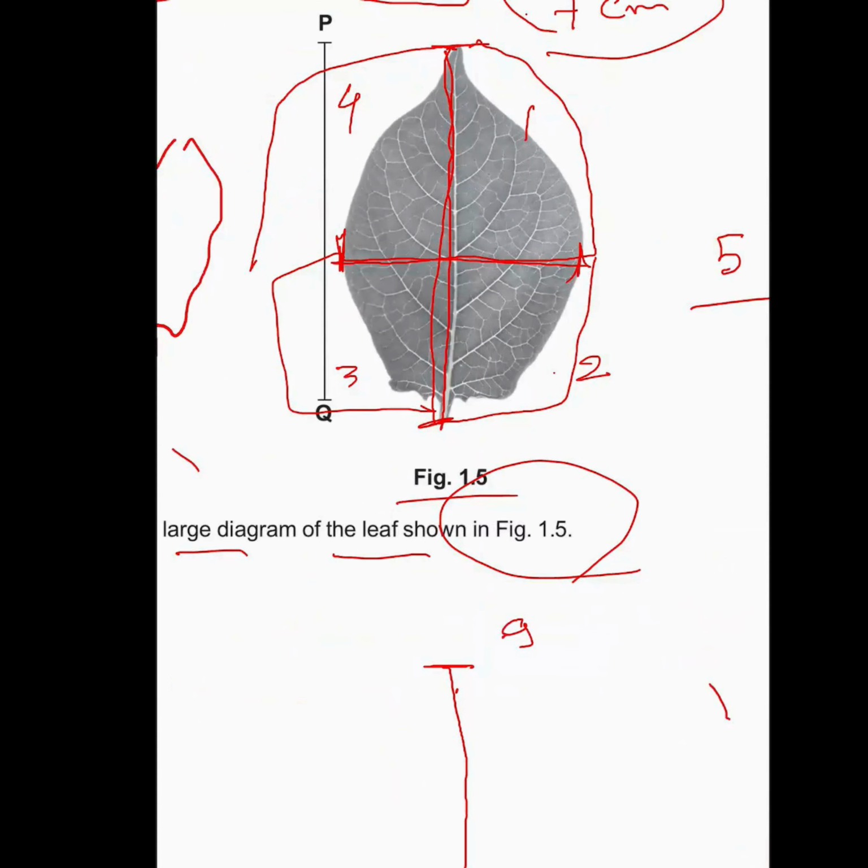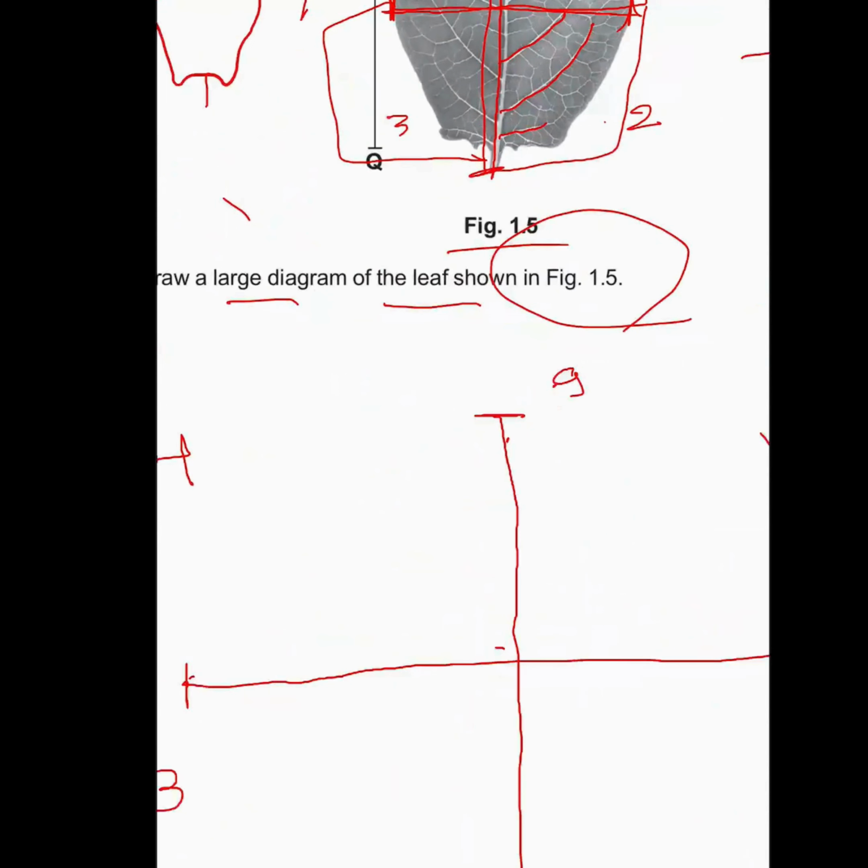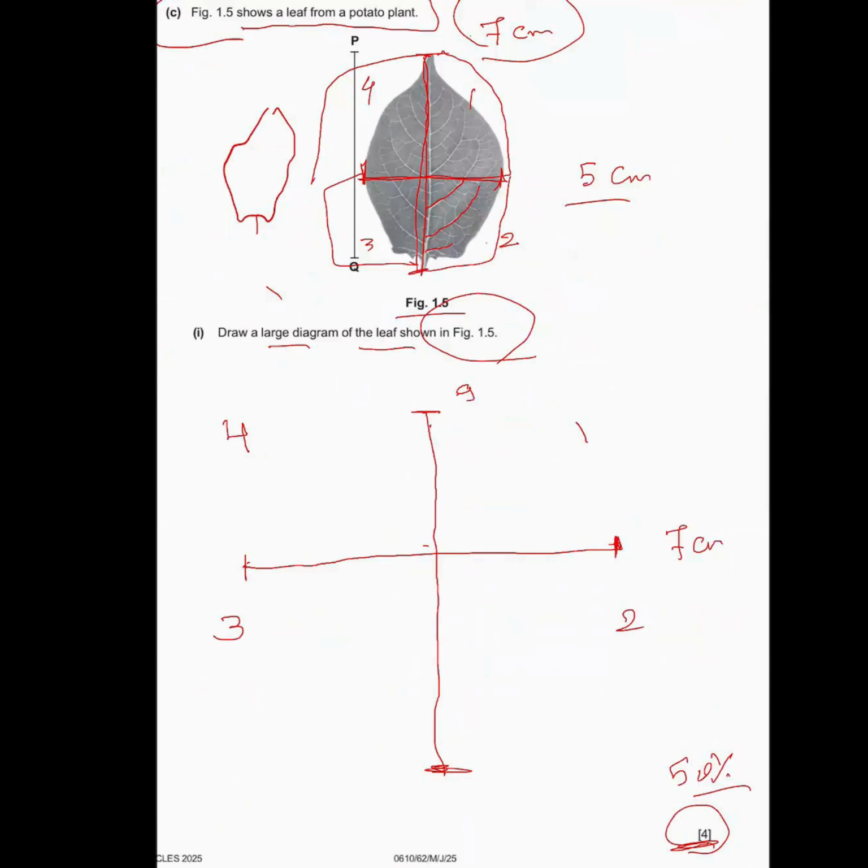In this quarter, how many lateral veins are found? Three. So when you do the correct proportional and you start drawing, for example, you do the three veins like this. Don't do four. Don't do five. This is wrong.